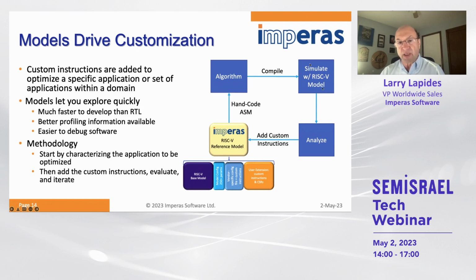You can do that by simulation of this application using the RISC-V model, analyze the results, add custom instructions, again, looking at this full RISC-V model, and then continue to iterate here. So the models are a very good methodology for adding the custom instructions.